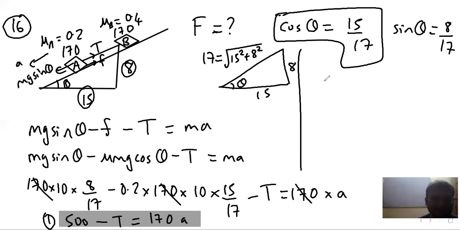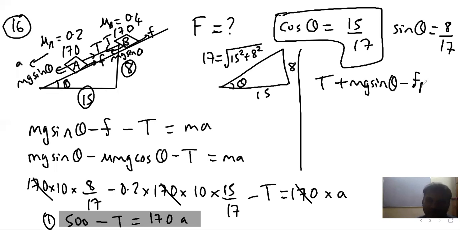Now, after this, let us consider block B. For block B, we have tension force T in downward direction. mg sin theta is also in downward direction. Friction is in upward direction. So we can say T plus mg sin theta minus friction on block B is mass of block B into acceleration a.